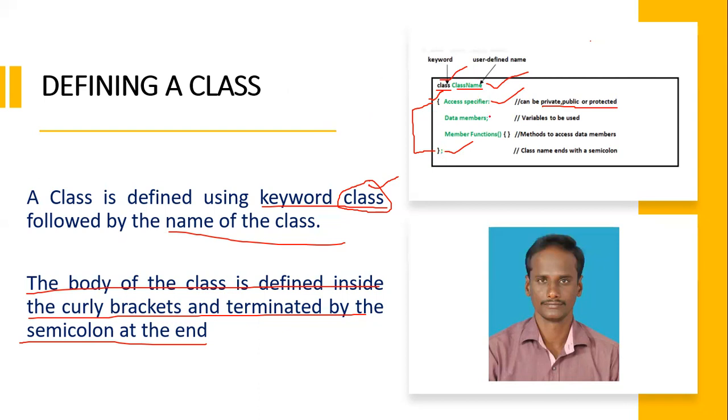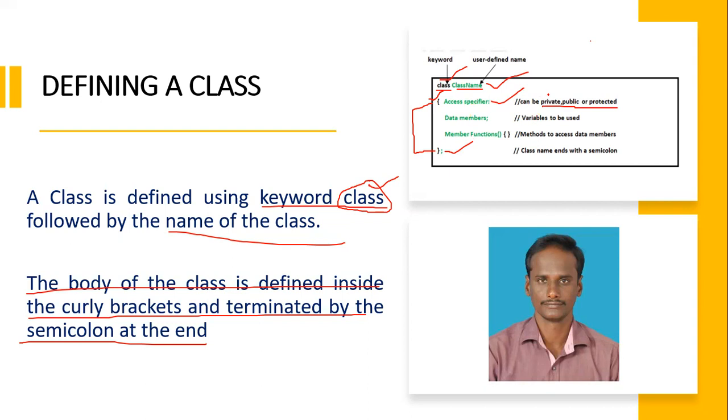In between, we can define the data members and member functions. These may have access specifiers, which tell the scope of the data members. We will have a deeper discussion on access specifiers in another video lecture.